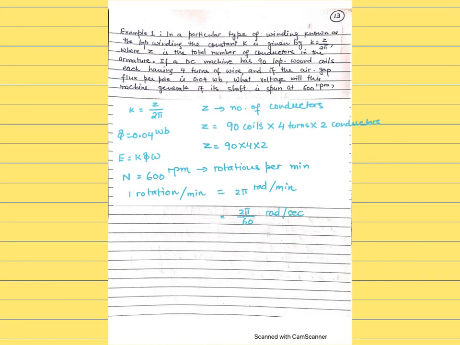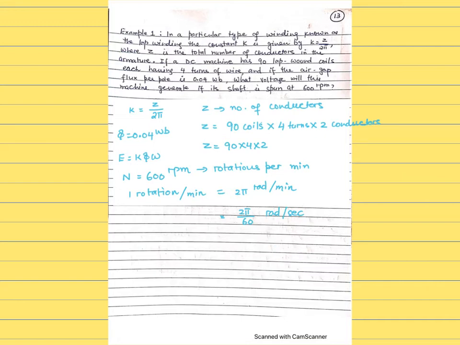So 1 RPM, rotations per minute, is going to be 1 over 60 times 2 pi radians per second. We don't need to go further, we're okay if we just leave it here. This should be fine.